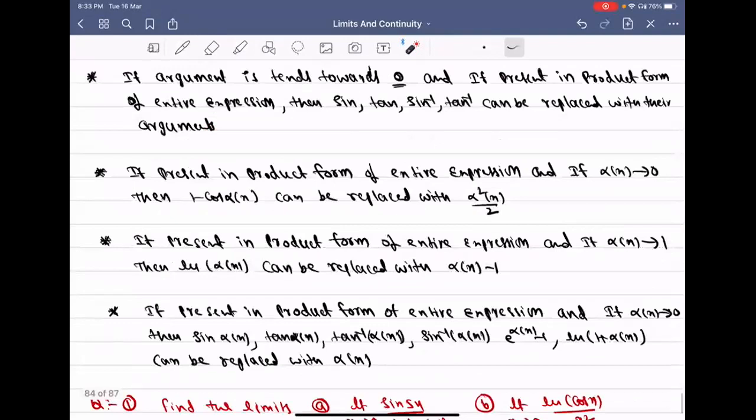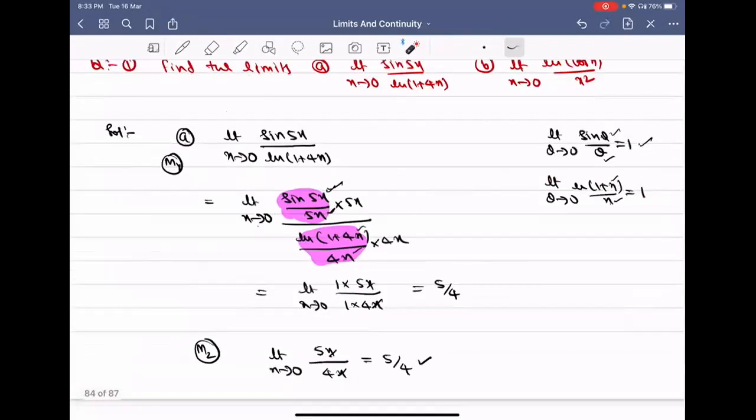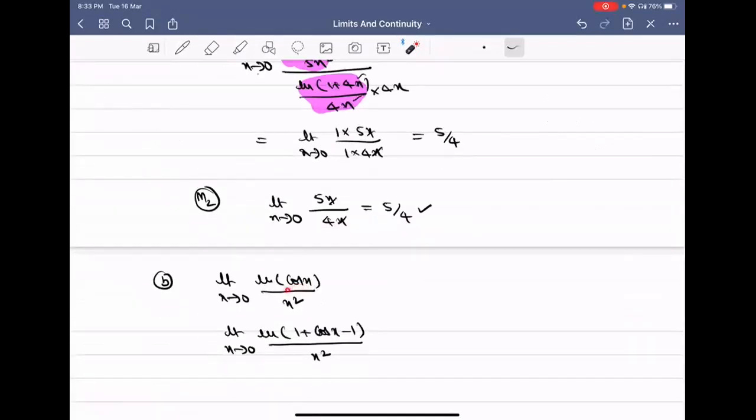Here we cannot replace directly with cos x, because this is not in the standard ln of 1 plus x form, where x tends to 0. Here x is cos x minus 1, which tends to 0. Now the numerator can be replaced with its equivalent infinitesimal, that is cos x minus 1. The denominator is as it is.